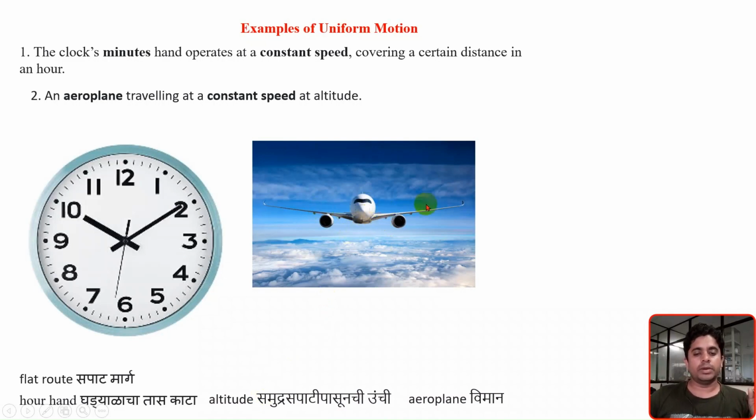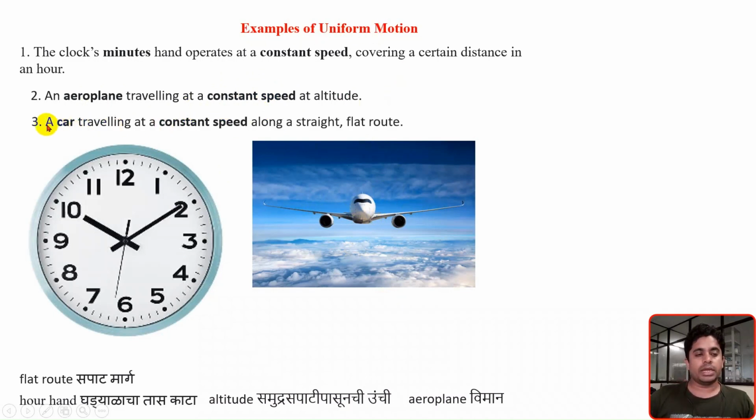But once the aeroplane reaches a certain altitude, it travels at a constant speed. It is supposed to travel at a constant speed. Variation in speed is not allowed once it has reached that altitude. So traveling with that constant speed is an example of uniform motion.